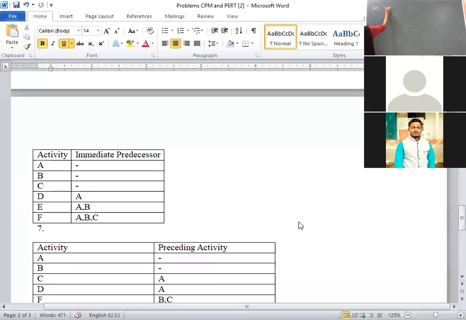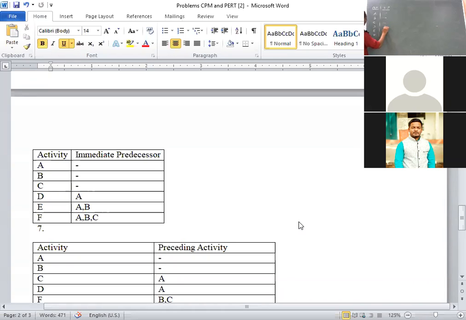Activity, immediate predecessor. A, B, C, D, E, F. In general, in the final examination, they don't ask. Once they asked in the final examination, that's why we don't want to take a risk. We should know at least how to draw the network diagram by using dummy.